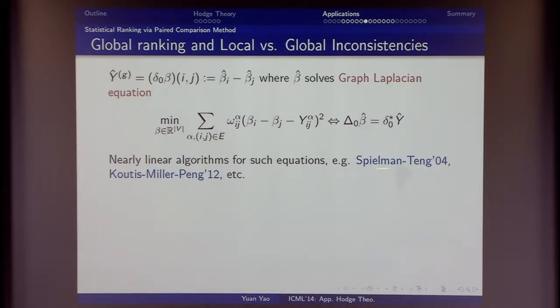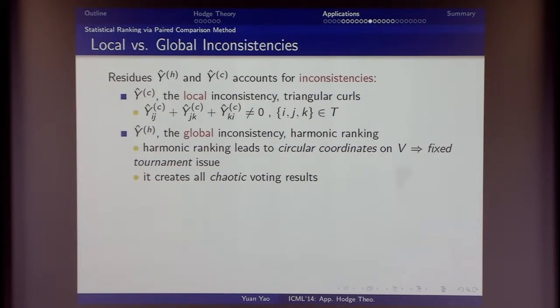They try to make this kind of algorithm more practical. But the hard part comes from the second part: how to compute the harmonic and the curl part. This is kind of difficult.